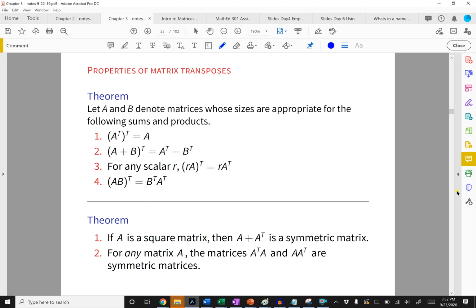Okay. Quickly, properties of the matrix transpose. The transpose of this matrix is 1, 2, 3, 4. The diagonals stay the same, and then you swap entries in a larger matrix.